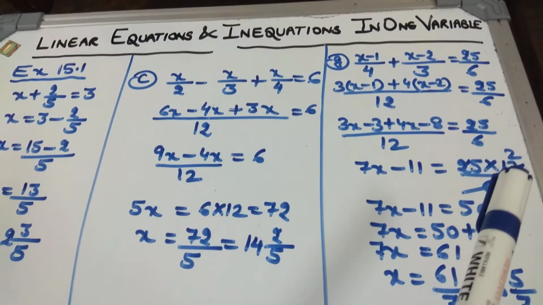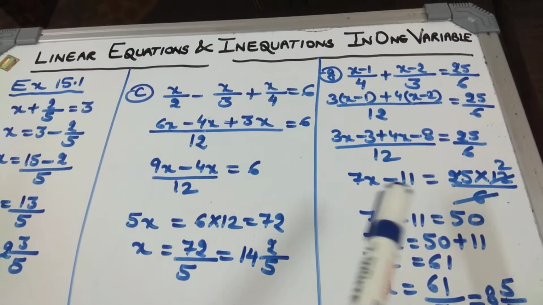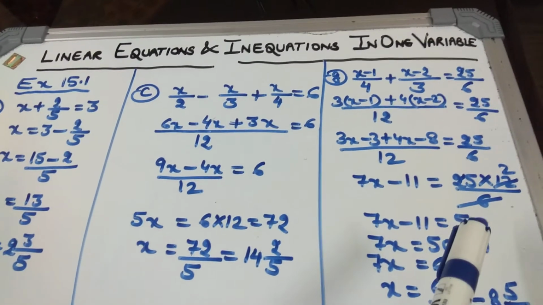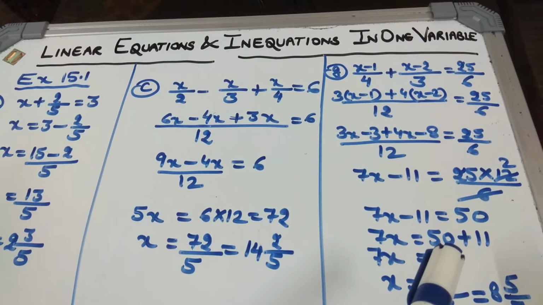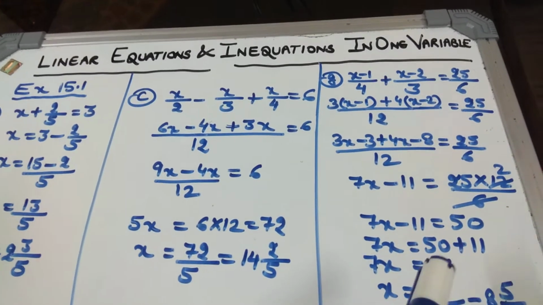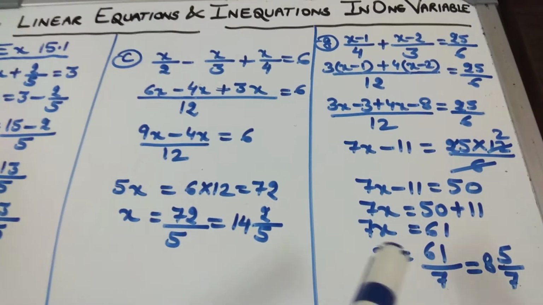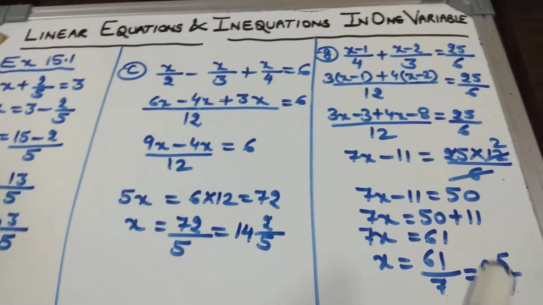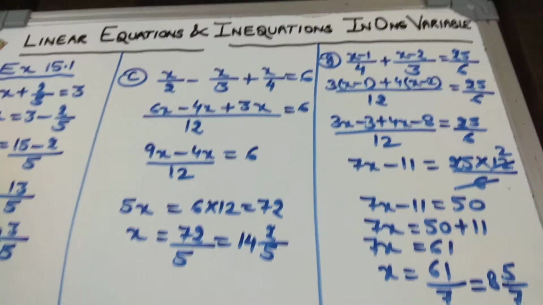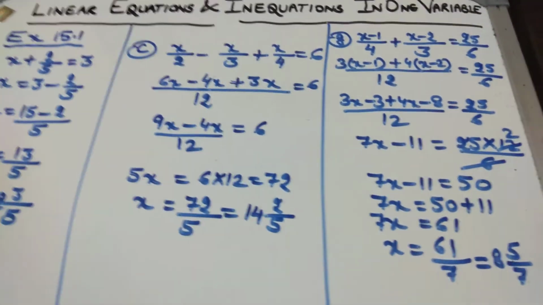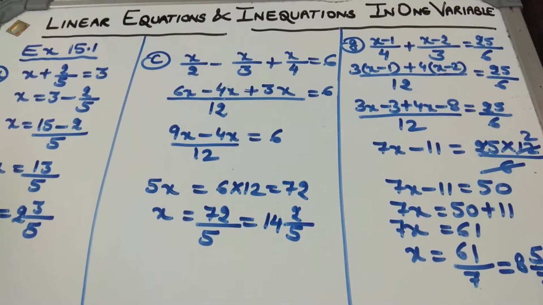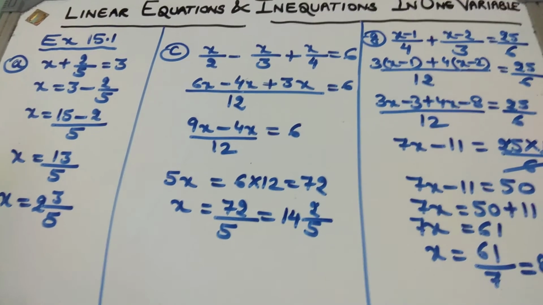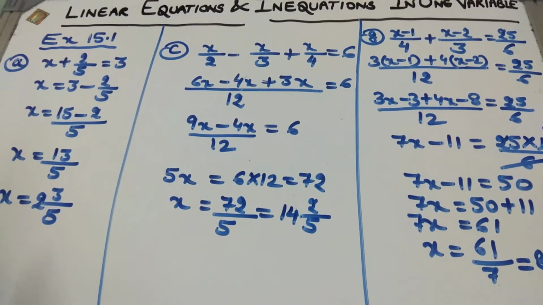So 6 2s are 12, and now 7x minus 11 equals 25 into 2, that is 50. So 7x equals 50 plus 11, that is 61. x equals 61 upon 7 equals 8 whole number 5 by 7. Therefore, this is your final solution. Now, I have already explained 3 types of questions. You will try to do similarly the other parts.